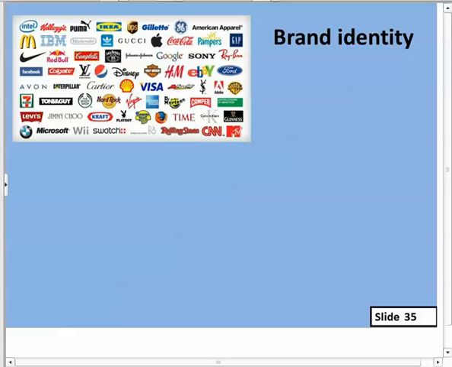Now, we mentioned brand identity, or how much importance branding is. And I'm sure if you were to look at this slide, that each one of these, or many of these logos, are going to pop to your mind immediately. Okay? You're going to see those logos, and you're going to know exactly what those logos mean. So what we see is each one of these logos immediately brings a picture to your mind of what that company represents.